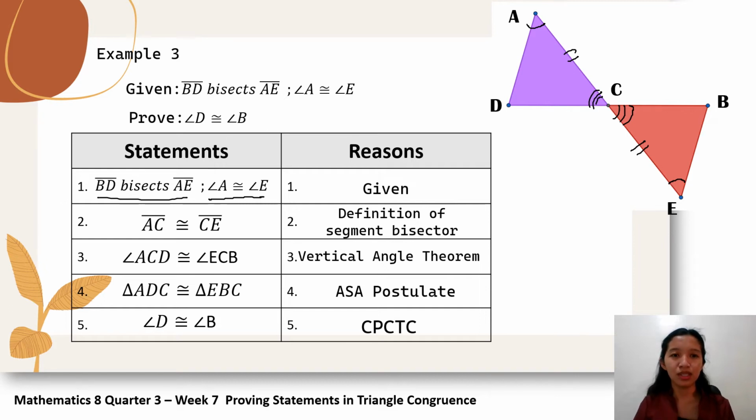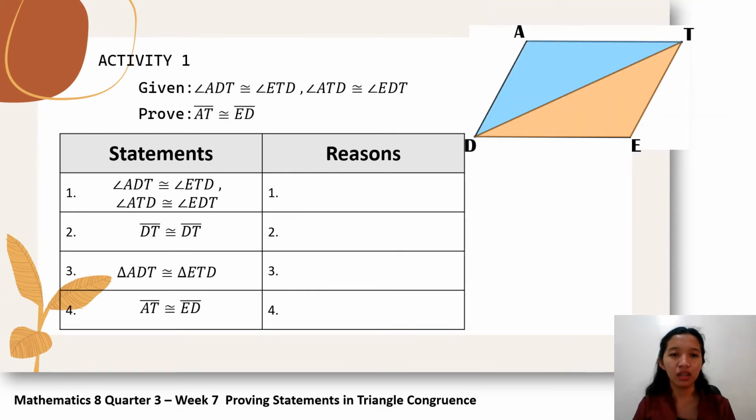So now, since we have done our example number 3, let's have an activity wherein we are going to fill in our table of statements and reasons. We have here our given: angle ADT is congruent to angle ETD, and also angle ATD is congruent to angle EDT.